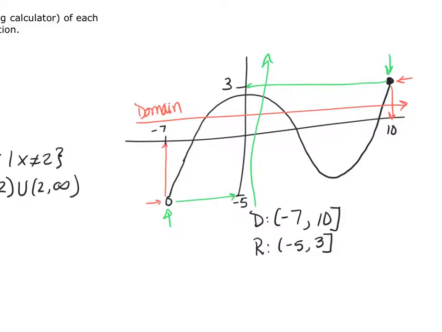Absolutely. Whenever you see an open dot, that means it's not included. That means you get to get close to -7, but you don't get to include -7 in the domain or range. If you see a closed dot, that means you get to include it, and that's the bracket.